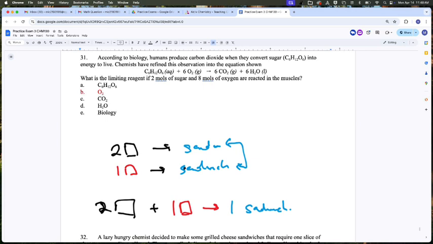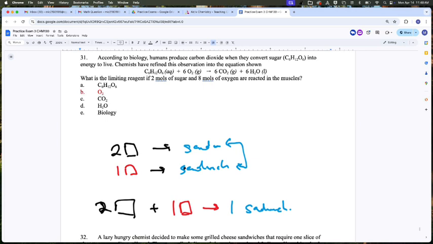The whole point of going through that process was twofold. One, we wanted to figure out how many sandwiches we could make. The other part is I had to know which one was the limiting reagent, which one limited the output. So there's technically two pieces of information we're solving in that approach, which is why we had to do the calculation twice.